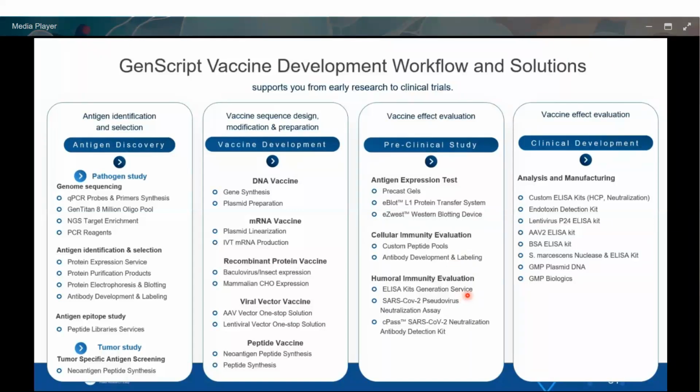And for humoral immunity evaluation, we have the ELISA kit generation service, and for SARS-CoV-2, we have ready-to-use products, including the pseudovirus neutralization assay kit and the cPass SARS-CoV-2 neutralization antibody detection kit.